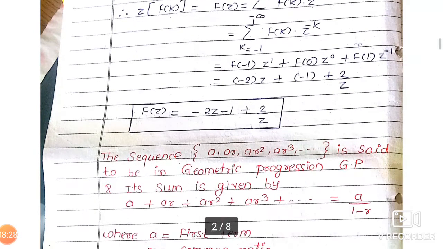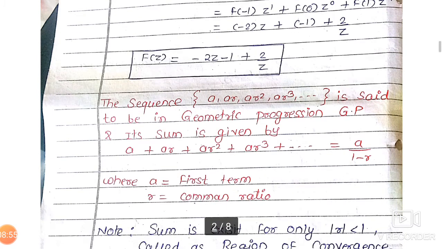Next point, the sequence A, AR, AR square, AR cube, etc. is said to be in geometric progression and its sum is given by A plus AR plus AR square plus AR cube and so on, which is equal to A upon 1 minus R. Suppose the sequence is in GP, then its sum is given by A upon 1 minus R, where A is the first term and R is the common ratio.